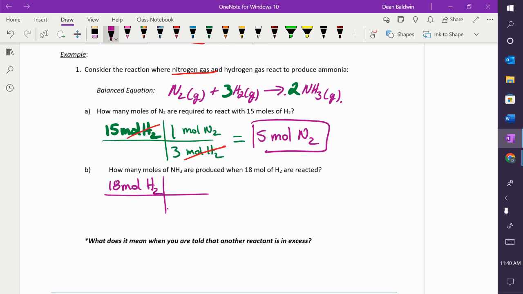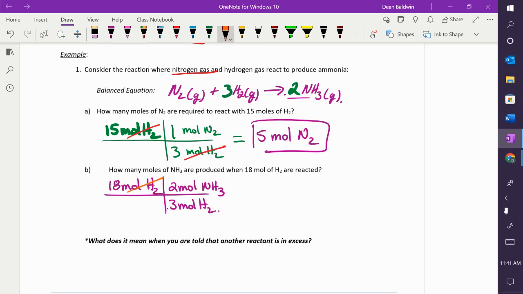So what's the ratio of hydrogen gas and ammonia from the reaction? It's these numbers. 3 moles of H2 react to give 2 moles of ammonia. So that means 3 moles of H2, the reason you put it there is because you want the units to cancel, and it produces 2 moles of ammonia.